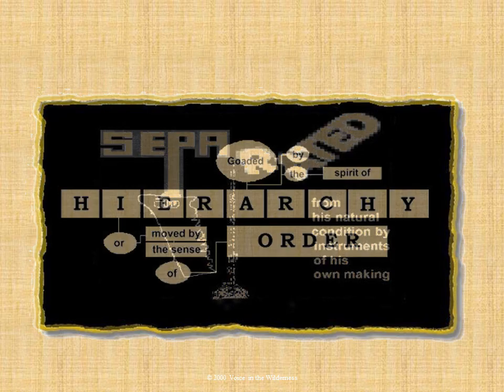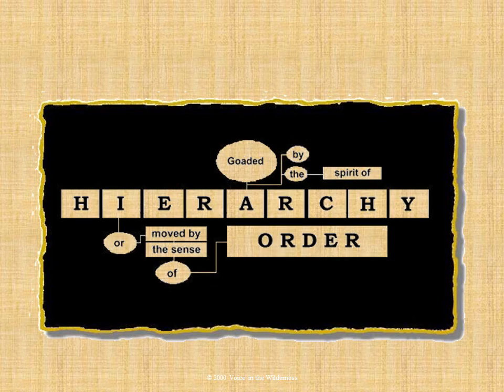And then finally, goaded by the spirit of hierarchy or moved by the sense of order. This is Aristotelian rationality, symbolically represented in a very nice way. I mean, everything in order, in a hierarchy, in the right classification. That's very Aristotelian and very rational.